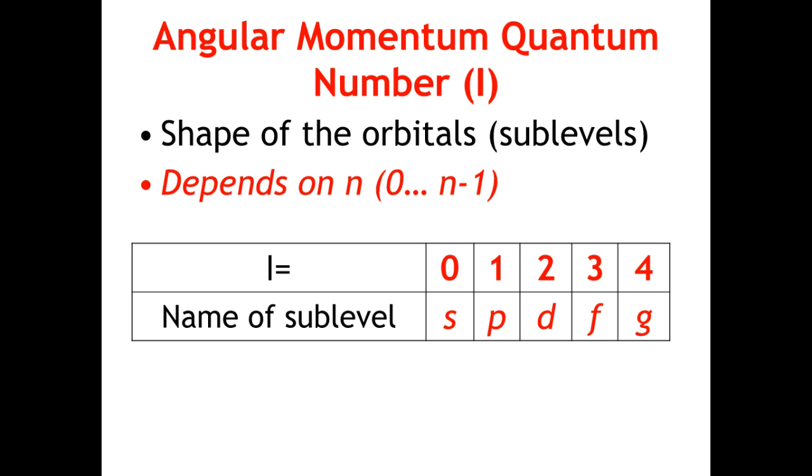And yes, it does exist. We haven't been everywhere in the universe. We don't know. It makes perfect sense that g exists. We are on 118 elements right now in the periodic table. When we get to 121, that's when we will use the g sublevel. So we're close. So it does exist. It's out there. For high school chemistry, we are only going to deal with s, p, d, and f.